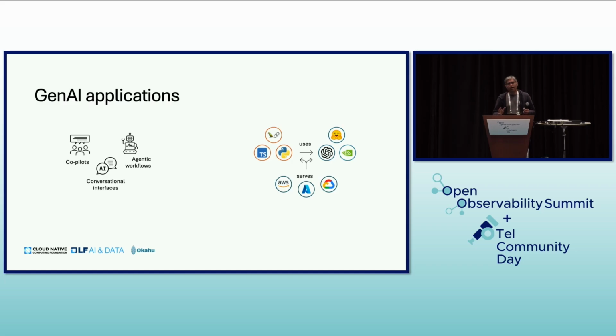So there's a whole hybrid approach of how the applications are developed, how the models are hosted, and how the inferences are served. That makes monitoring those different applications and having a consistent way of generating the traces a big challenge. And this landscape is just growing every day.